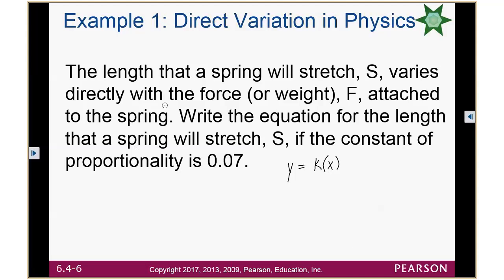The length that a spring will stretch, S goes with the y. K never changes. And what's the other letter? So F is x. There's your equation, or your formula. So all of this is done.